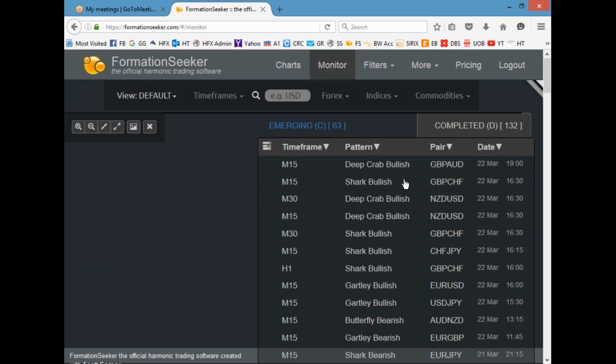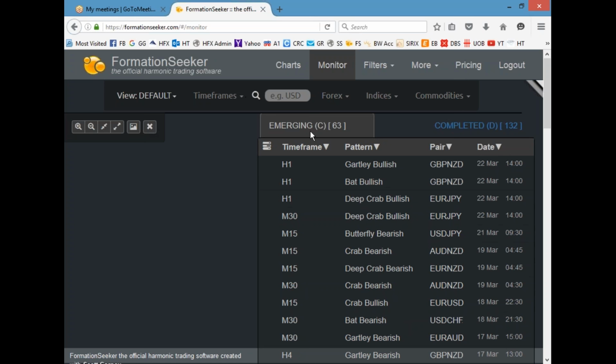Completed trades are harmonic patterns that have already been completed at the point D. Harmonic patterns have 5 points, called X, A, B, C, D. Whenever it hits point D, that is considered complete, which means you have to be ready to take a trade and start observing what's happening. If it's emerging, that means only point C has been created, so only 4 points have been created at this point in time.